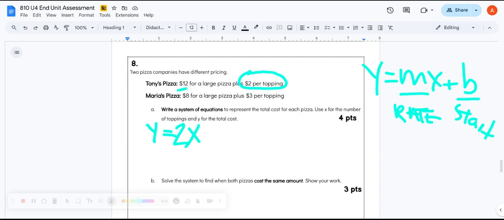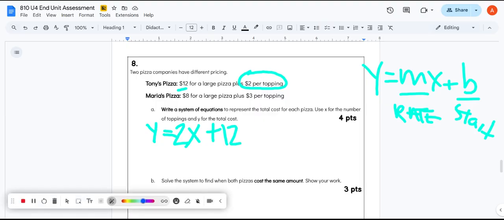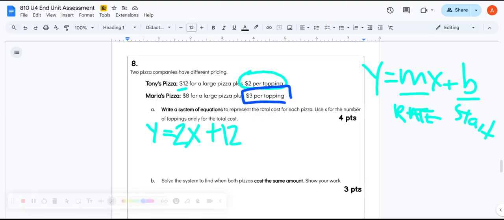So that must mean $12 is the base fee or start fee for Tony's Pizza. My other equation from Maria's Pizza Place, I see once again $3 per topping, and then we start with that fee for that large pizza of $8. So those are my two equations.